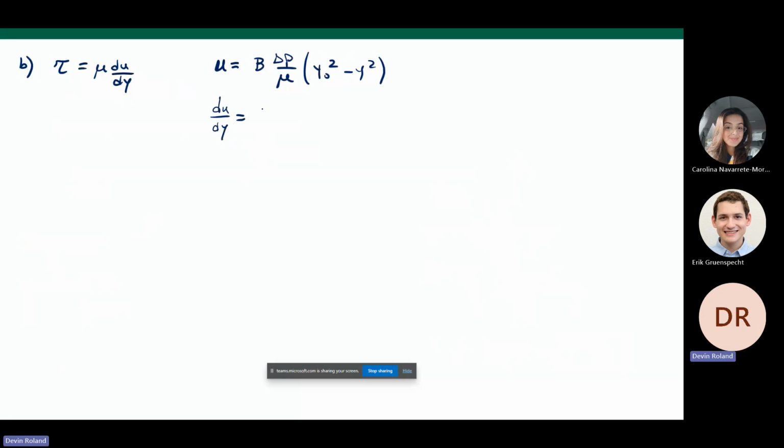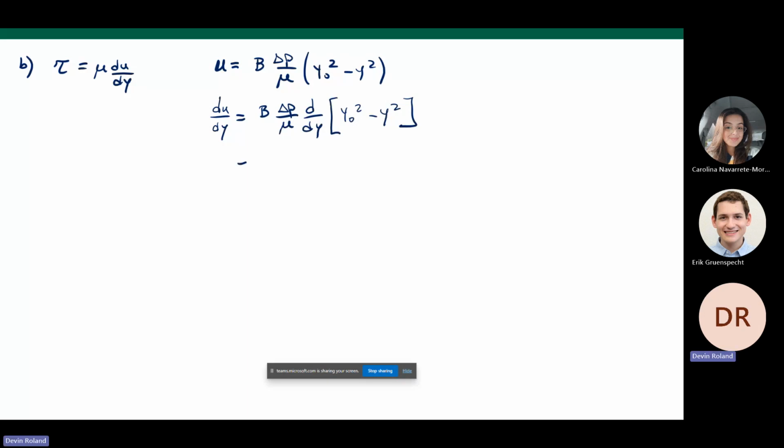So we might write it like this: b delta p over mu d over dy of y naught squared minus y squared. Now y naught squared is also a constant, so the derivative of that is just 0.